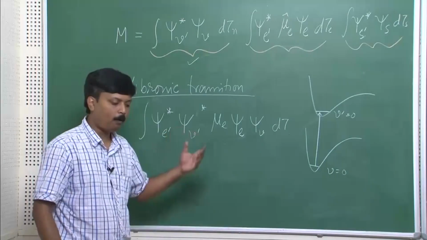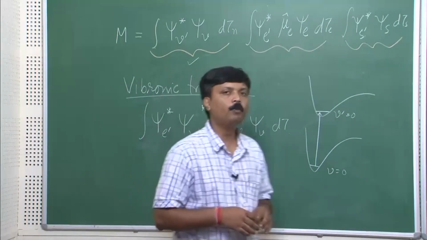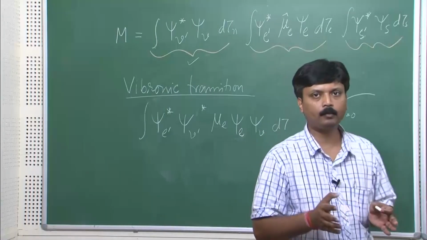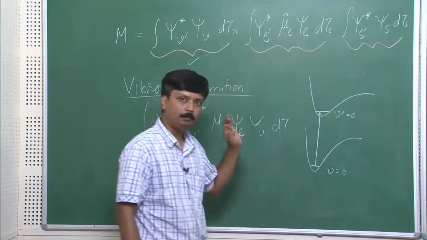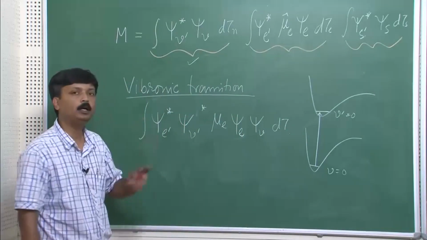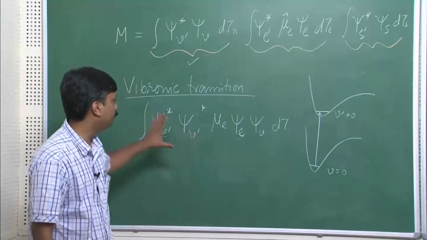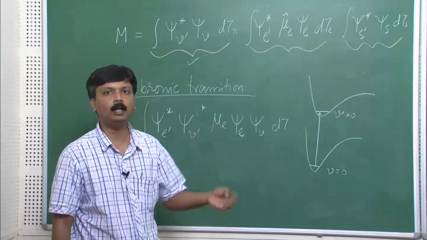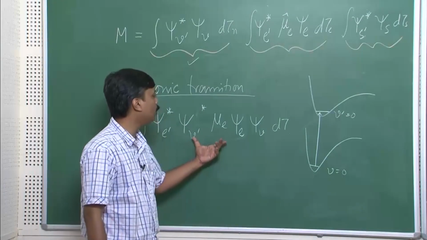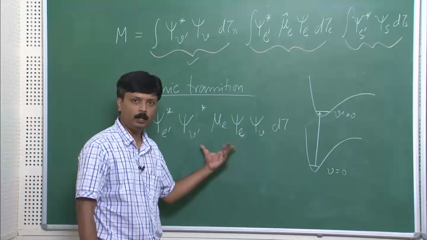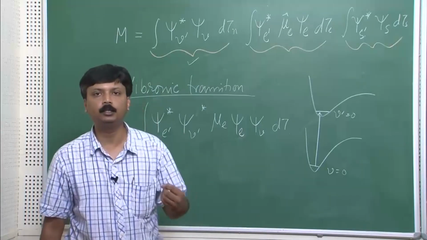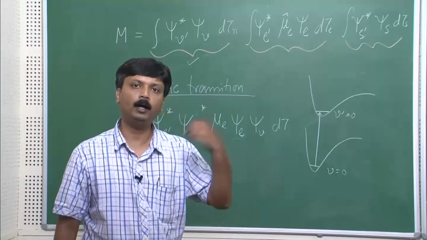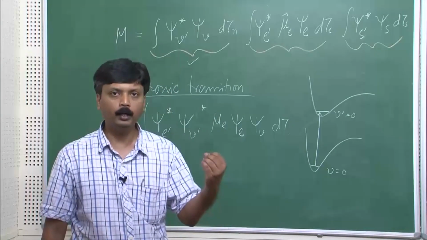at that point what happens is your overall centrosymmetry of the problem is broken. Now, the pure electronic transition, which was not allowed here, because of this vibronic coupling, I can have a transition which was earlier forbidden, now can be partially allowed.